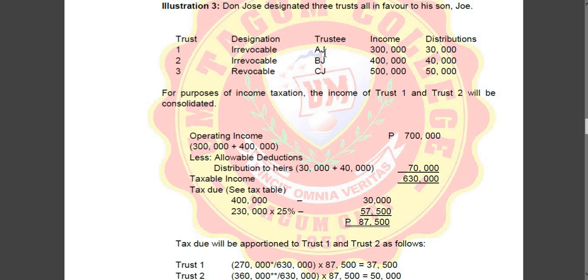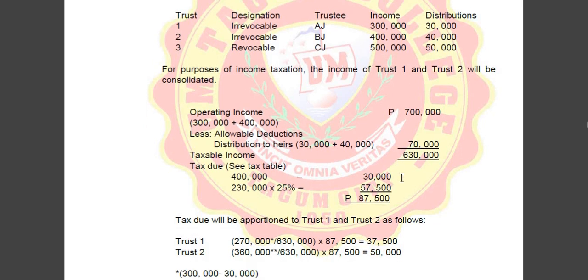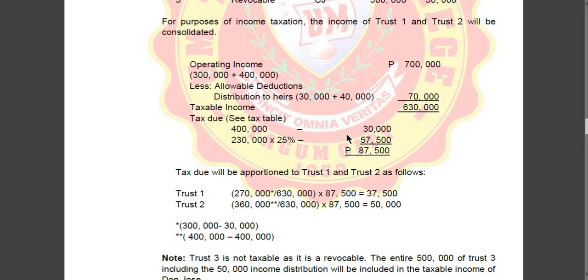To consolidate the income of Trust 1 and Trust 2, that's gross income of 300,000 of Trust 1 plus gross income of 400,000 of Trust 2, that's 700,000, less allowable deductions, which are the distributions to the heir, 30,000 plus 40,000, that's 70,000. Therefore, the taxable income is 630,000 pesos. To compute the tax due, refer to Section 24A.